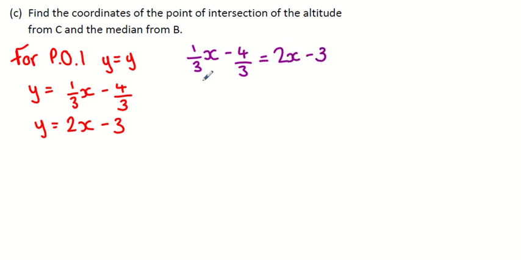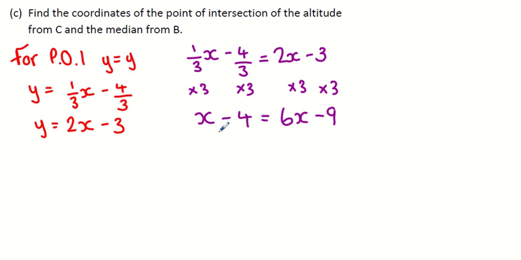We have the same denominators here, so all we have to do to eliminate the denominators is multiply by 3. Multiply everything by 3. So that becomes x minus 4 equals 6x minus 9. Take off the 6x, you get -5x. Add on the 4, you get -5. So x would equal 1.